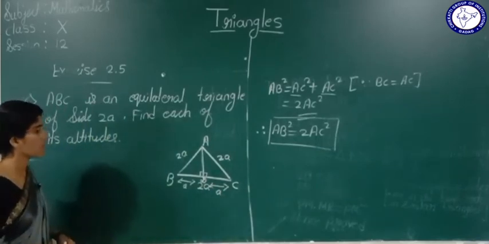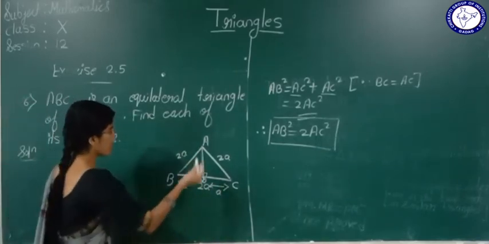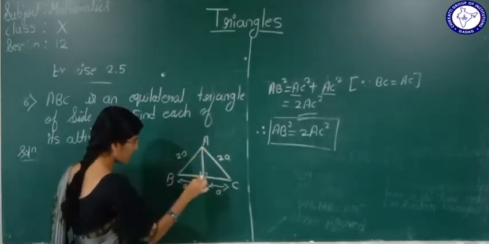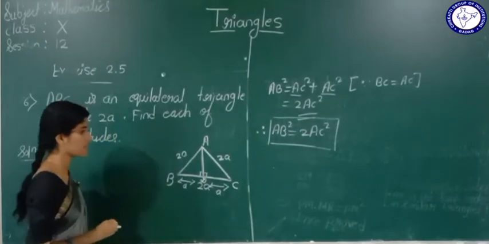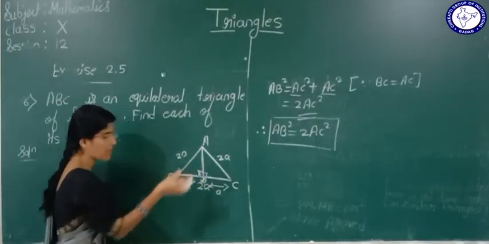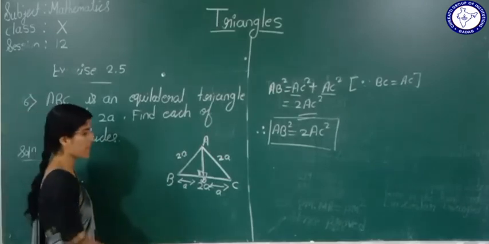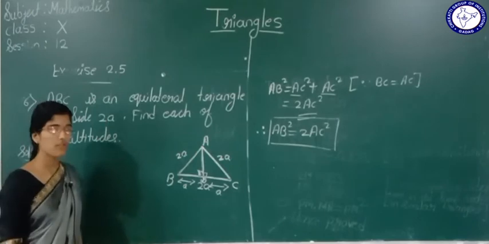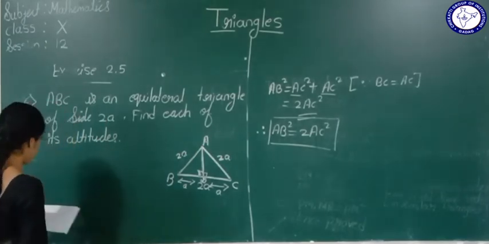Okay. Now see here, we will take triangle ADB and here angle D is 90 degrees, right? We are going to apply the Pythagoras theorem and by that we are going to find the length of the altitude, that is AD.